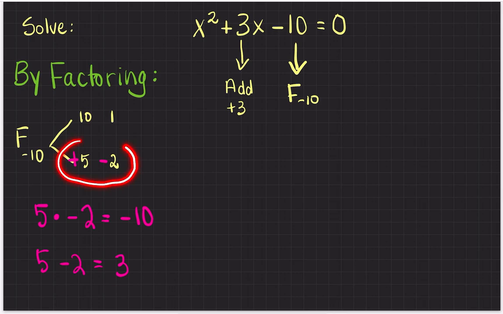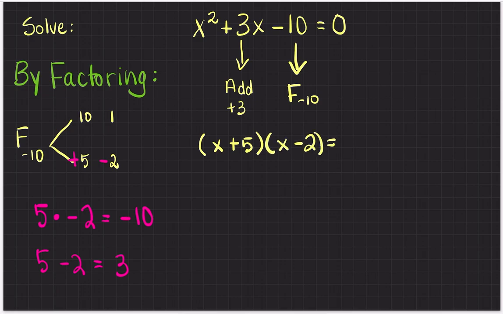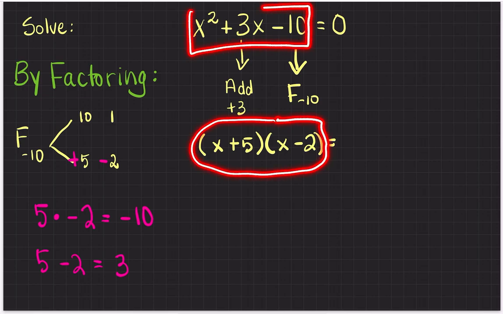So these are my factors, +5 and -2. So I will write the factorization as x plus 5 times x minus 2. This is the factorization for this expression.